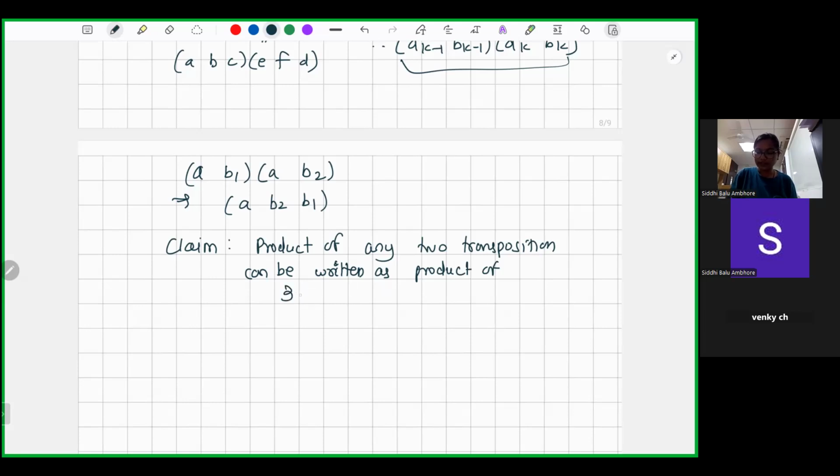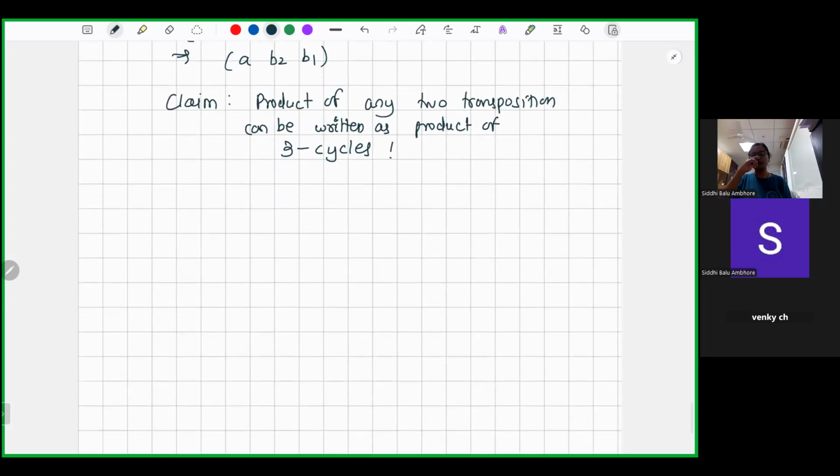That's our main goal. It doesn't matter how many 3 cycles. And how to do that? So let (a b) and (c d) belong to Sn.